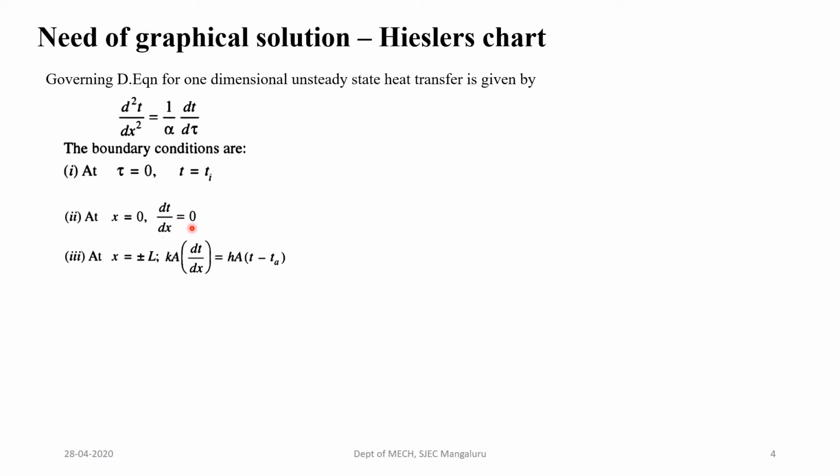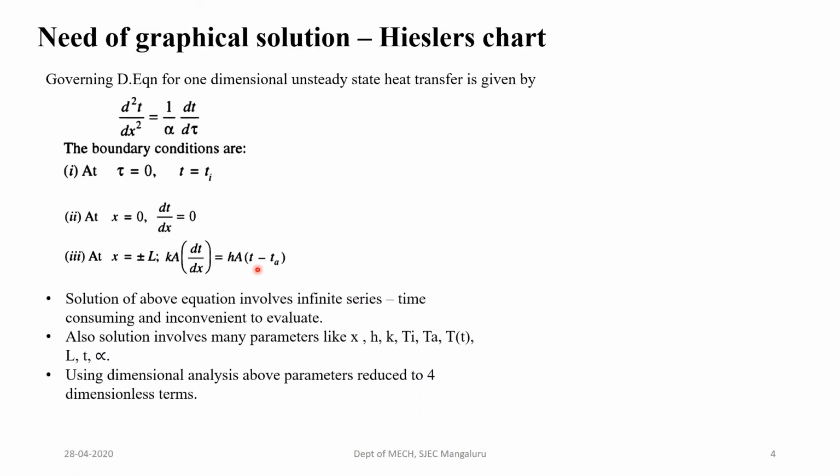If you see at the axis, the slope of the temperature versus length line, the temperature distribution line, is 0, that's why dT by dx equal to 0. On either end at x equal to plus or minus L, heat entering by conduction is equal to heat leaving by convection. This is the boundary condition.